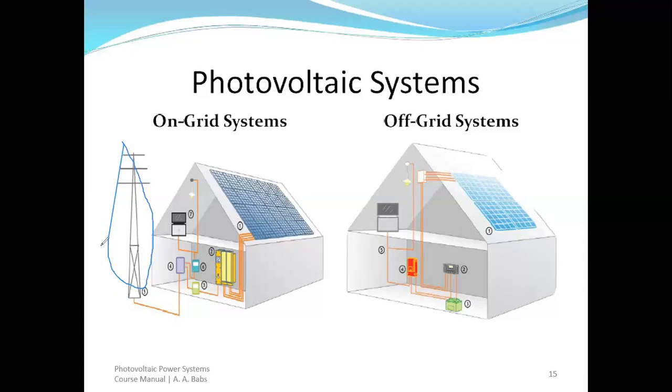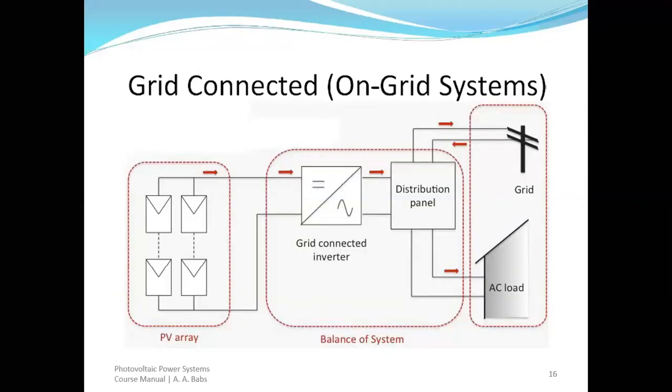Let's take it a step further. For the grid-connected PV system, I'm going to point your attention to some important things. What you see here is the PV array. I'm going to explain what an array means. Under normal circumstances, we have solar cells, and when you put solar cells together, you have solar modules, PV modules.